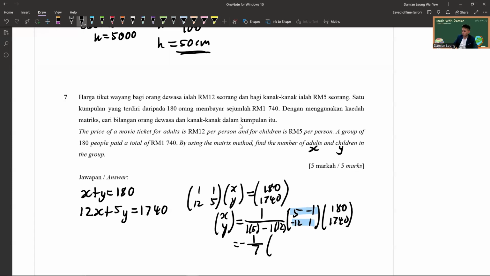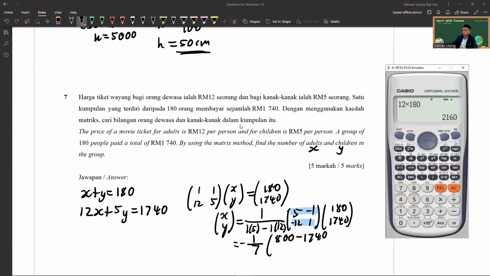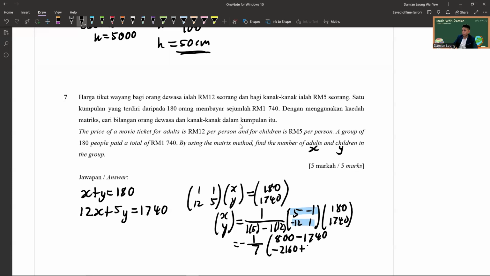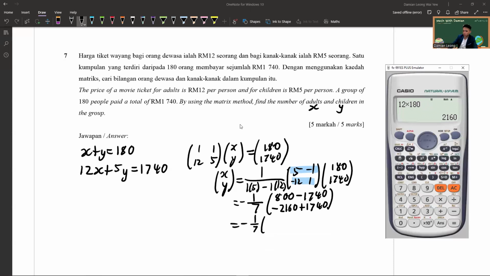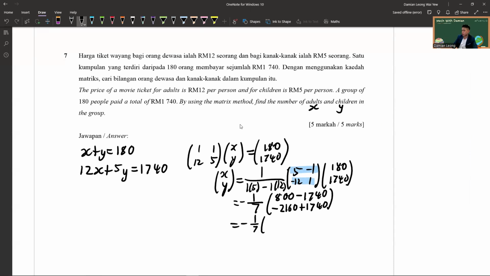So 5 times 180, 800, minus 1 times 1740, negative 12 times 180. 12 times 180 is negative 2160 plus 1 times 1740. So negative 1 over 7. 800 minus 1740, negative 960.